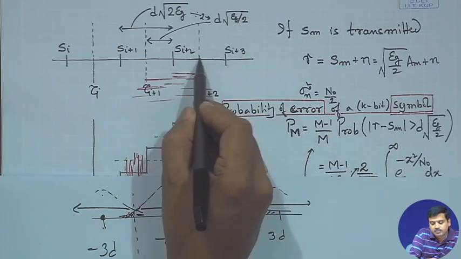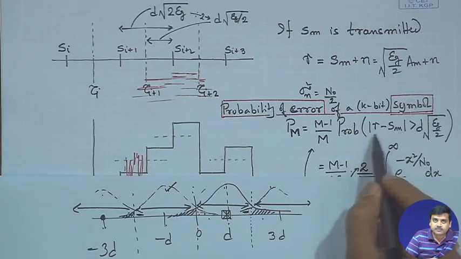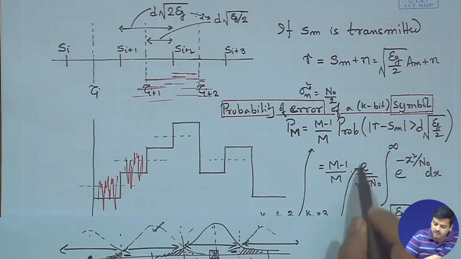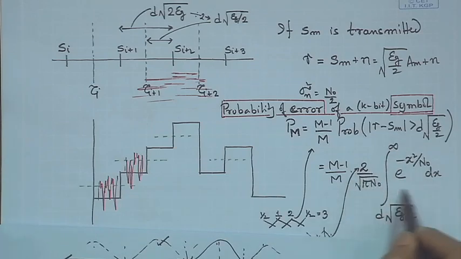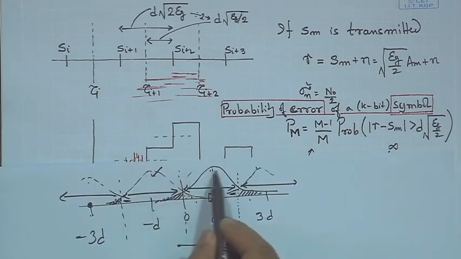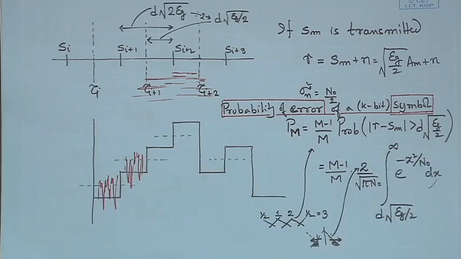If noise has an amplitude which is more than this or more than this, there is an error. Therefore, you have taken the modulus sign indicated on both the directions, for which you have a 2, and this is the PDF of 0 mean white Gaussian noise, and M minus 1 upon M is what we have just now explained, that there are M minus 1 double sided tails that have to be considered.